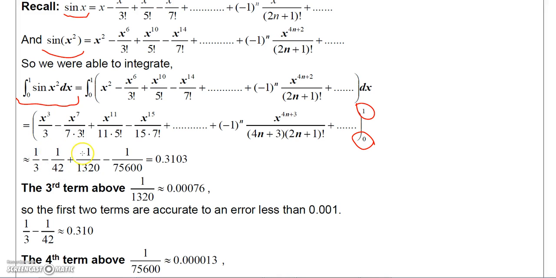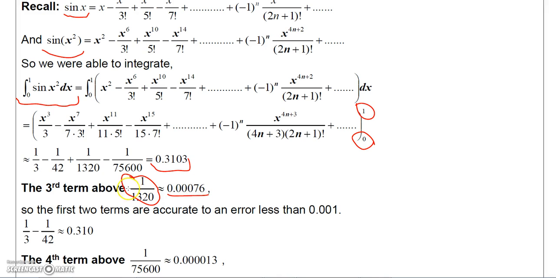1/3 minus 1/42 plus 1 over 1320 minus 1 over 75,600, which is 0.3103. Now, the third term above is actually 1 over 1320, which is approximately 0.00076.